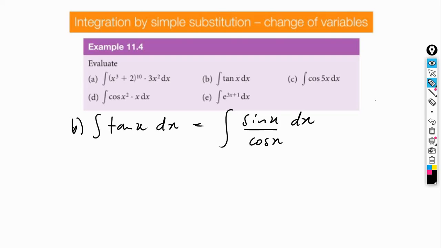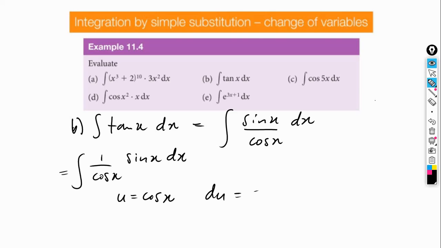So now we have to choose u and the derivative of u. In this case, notice that we can rewrite this as 1 over cosine of x times sine of x dx. So let's attempt to do u substitution. If we say u is equal to cosine of x, the derivative of u would be negative sine of x dx.